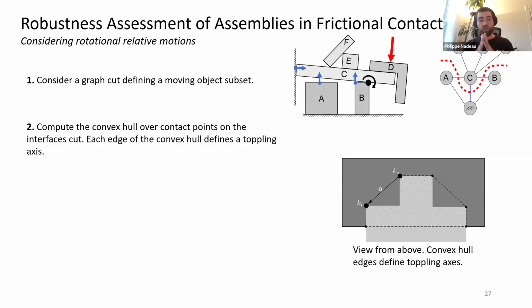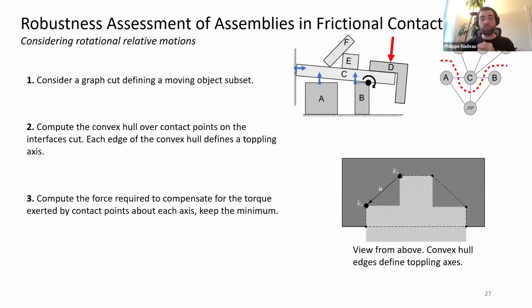Edges of the convex hull define axes about which toppling can happen. For each axis, we determine the force that is needed to compensate for the torque exerted by the contact points about the toppling axis. And the process is simply repeated until all graph cuts have been considered.